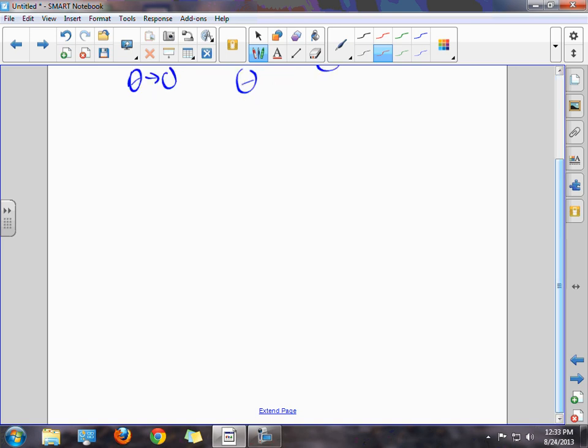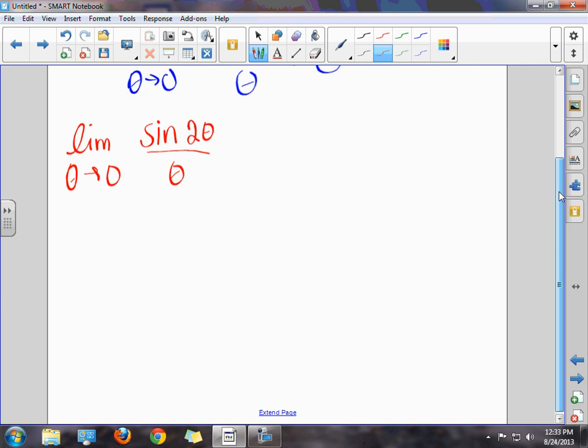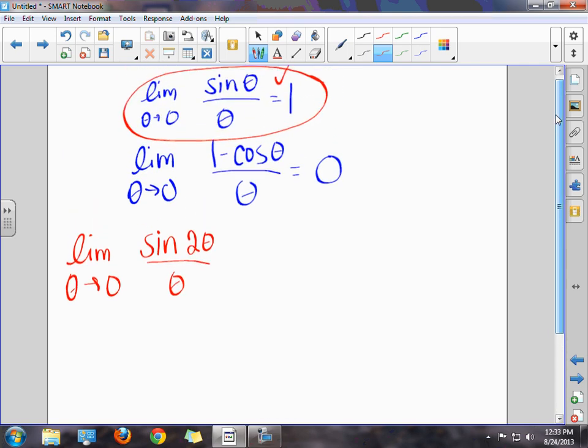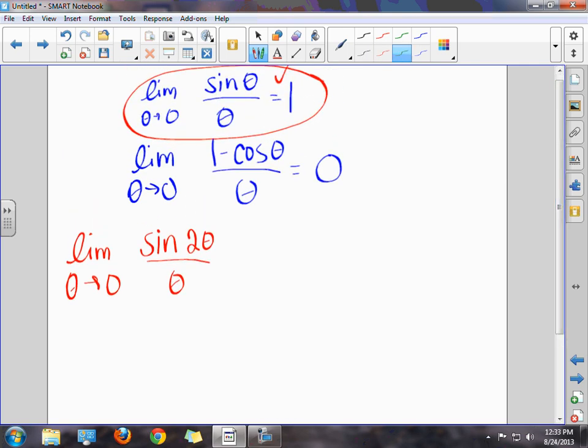So we have this problem right here. The limit as theta goes to 0 of sine 2 theta over theta. So I see that I have something similar to this limit up here. And so what needs to happen is these 2 need to be the same theta. So what I can do is multiply by 1.